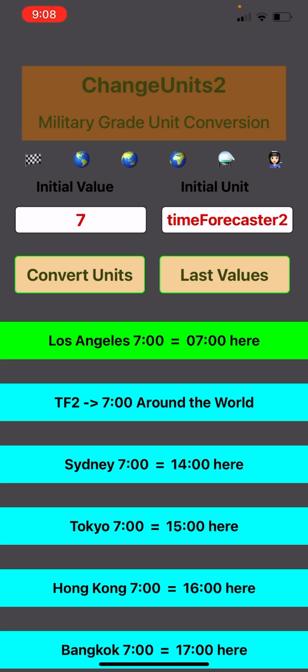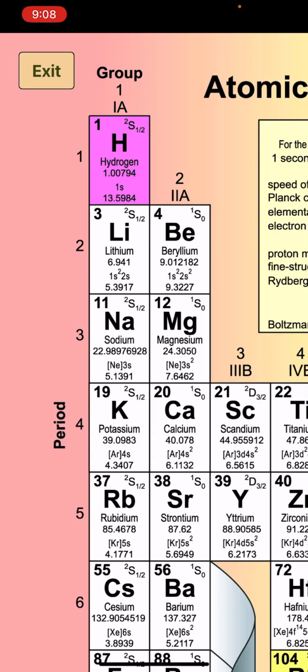You have time forecast 1, which tells you what time it is in other countries at a certain time here, and then you have time forecast 2, which says, well, I want to know when it's 7 a.m. all around the world, what time is it going to be here, so I can make notes or something for some meeting. And then we have over here a periodic table.